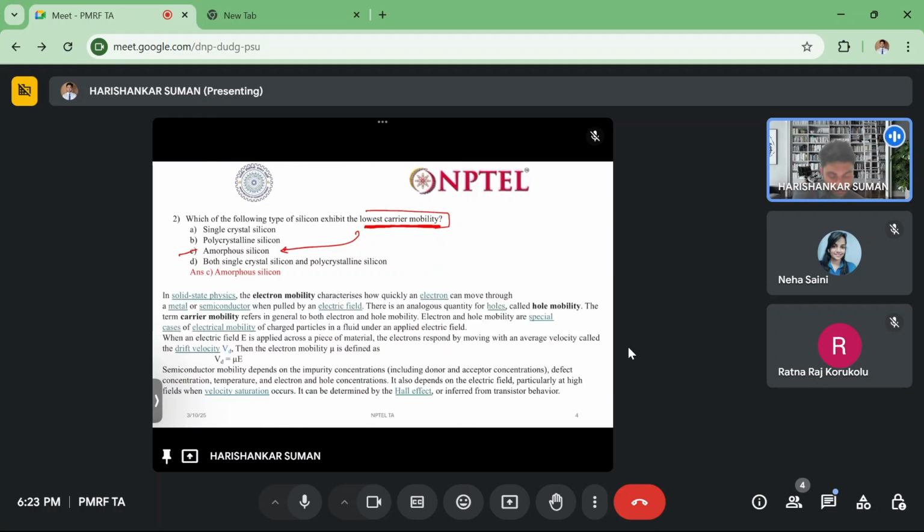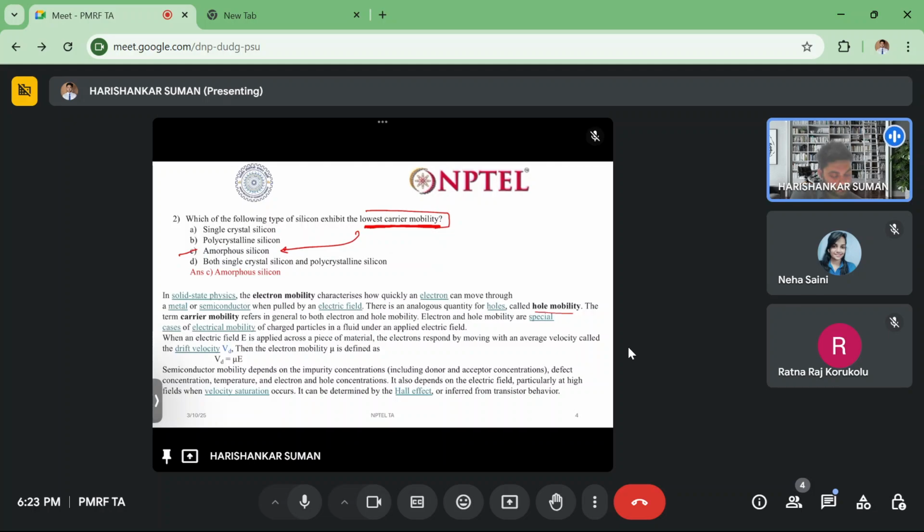So, you can also read that in solid state physics, electron mobility characterizes how quickly an electron can move through a metal or semiconductor. This is the definition. When pulled by an electric field, there is an analogous quantity for holes, called hole mobility. The term carrier mobility refers generally to both electron and hole.